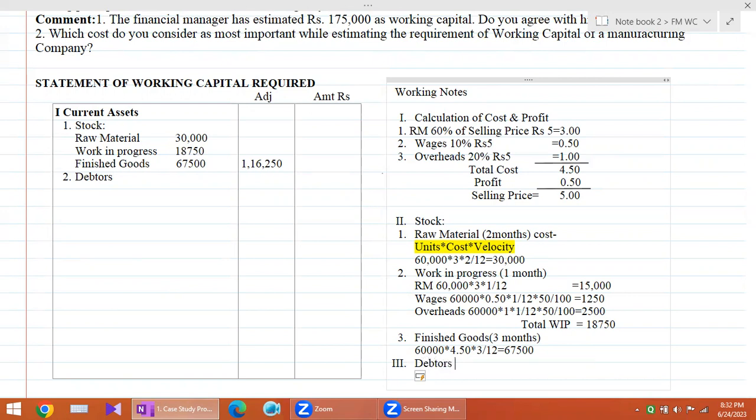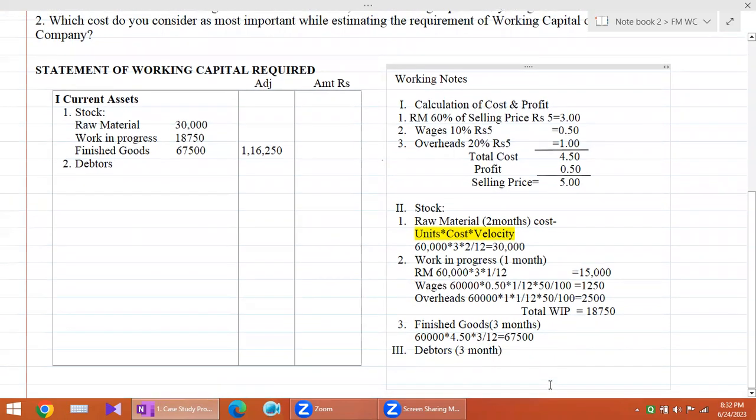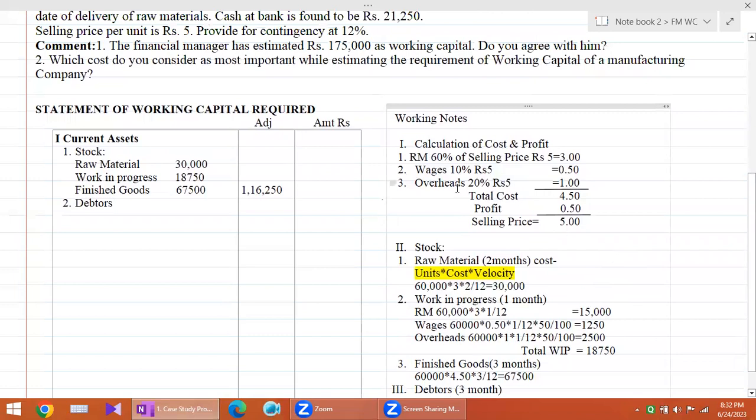Velocity given is how much? Yes, for the debtors, what is the velocity? 3 months. Just now I have gone through. Yeah, it becomes easy for you. Tell me the formula now. Units, 60,000 into, what is the cost for debtors? Debtors is nothing but sales only, but here the profit portion is ignored.